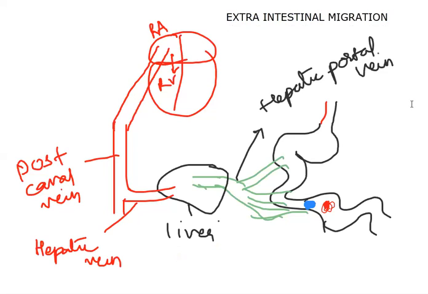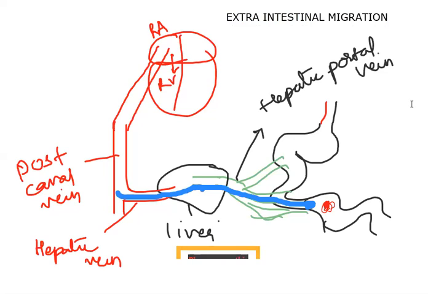So we are moving with that journey now. From the intestine, this second stage rhabditiform larva enters into the liver through the hepatic portal vein. From the liver, it enters into the postcaval vein.